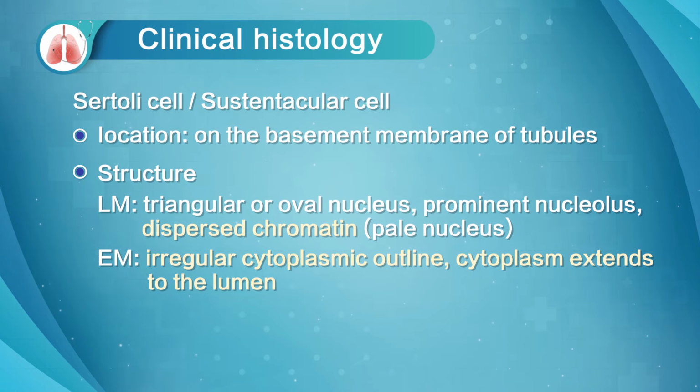The Sertoli cells have a very extensive and branched cytoplasmic structure. Little of its outline can be seen under the light microscope. However, the extensive branching nature of its cytoplasm can be identified under the electron microscope.